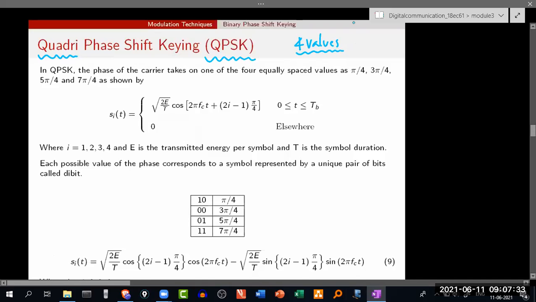So here, now what we'll do is, instead of having only 2 signals as in BPSK, here we'll have 4 message signals. So here i can take on values 1, 2, 3 and 4.